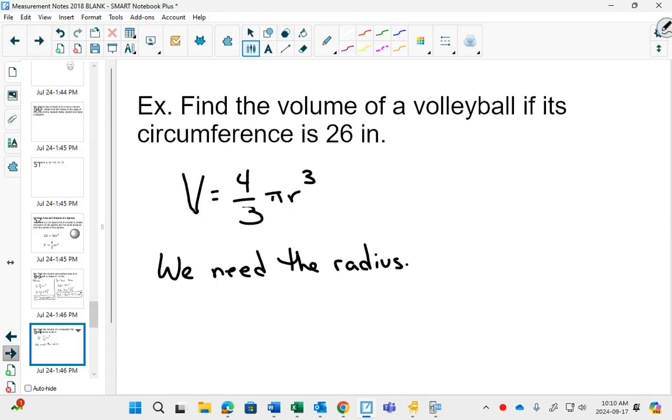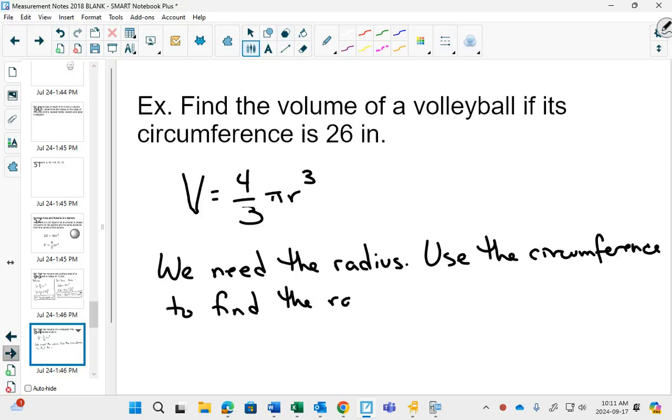What's given to us instead is the circumference. So that means we're going to have to somehow use the circumference to find the radius.